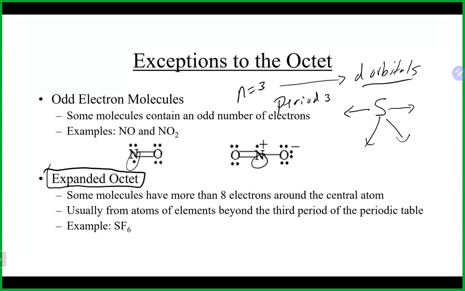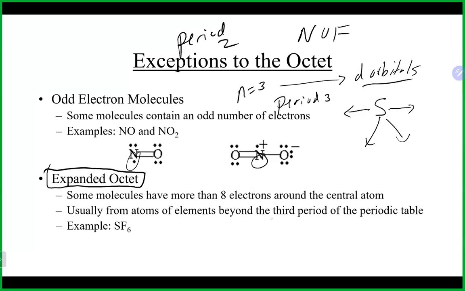With that being said, if you hit somebody on the periodic table in the nitrogen, oxygen, fluorine period, period 2 should never go over the octet rule because they do not have d orbitals available to them. They max out at p orbitals. So they can never go over it, but sulfur and below, sulfur right and left and below, can go expanded octet.